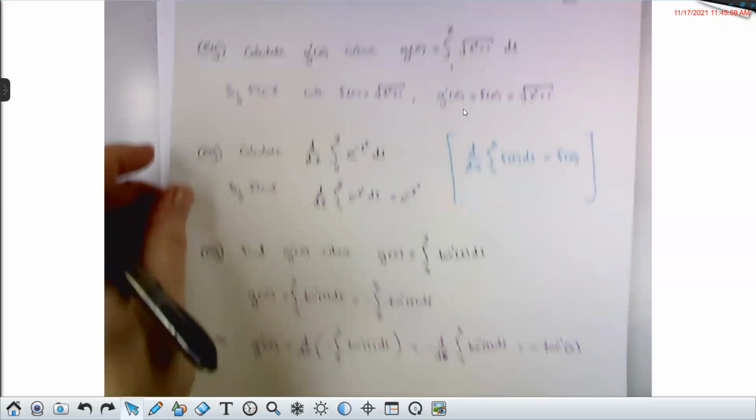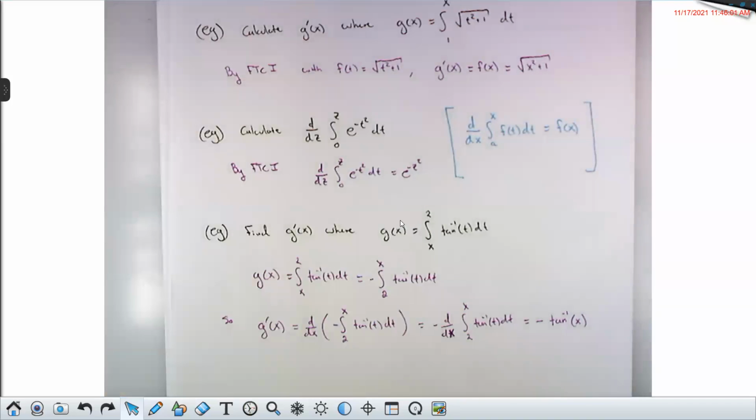So remember what the chain rule says. It says if you want to differentiate a composite function... Oh, let me come back here. The negative came because this integral isn't ready for FTC1 yet. It's got a variable as the lower bound and a constant as the upper bound. In order to use FTC1, I need it the other way around: a constant down here and a variable up here.